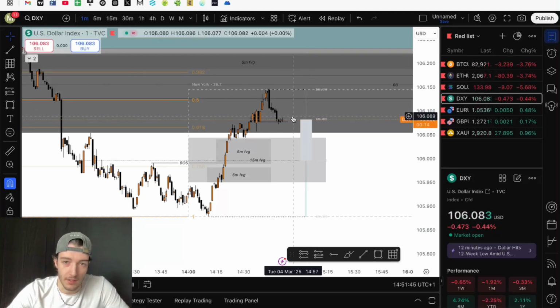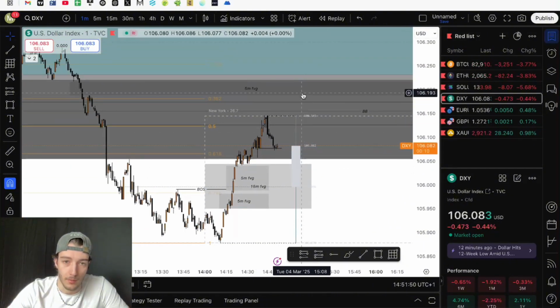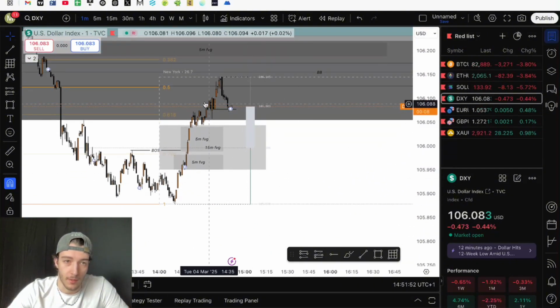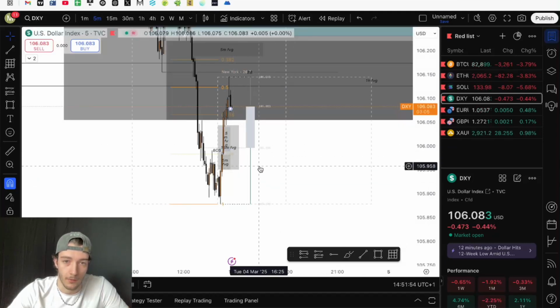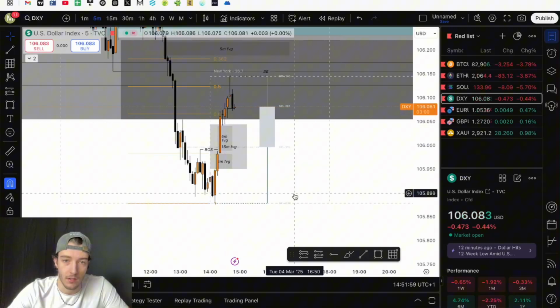What would be ideal is that the dollar doesn't really move down into this area, just a little bit more push up and then moves lower, disrespecting or even inversing these fair gaps here. That would be nice.